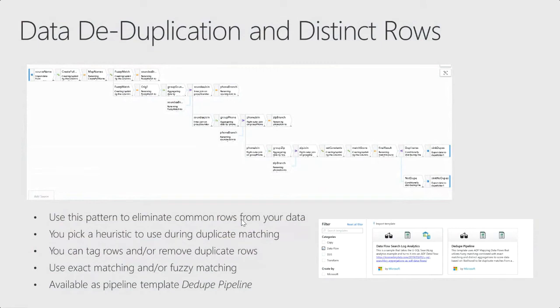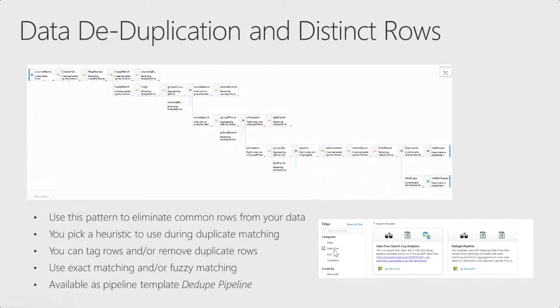The other thing I want to show you on the screen is the middle picture. The main picture in here is what a finalized dedupe with fuzzy lookup looks like in Dataflow. You can install this today inside of your own factory by going to the pipeline templates. If you've seen pipeline templates before in Data Factory, there's a category for Dataflow.